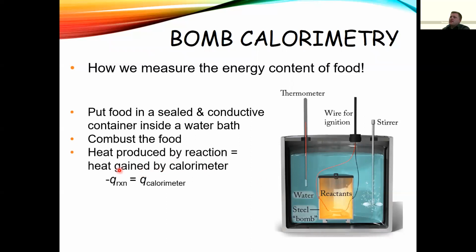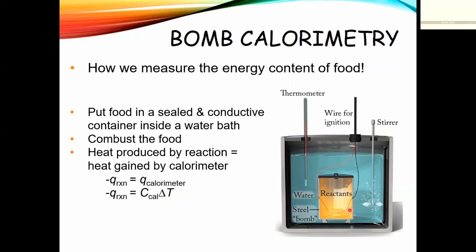Then we set the heat given off by the reaction equal to the heat absorbed by our calorimeter. And then we substitute the heat of the calorimeter with the heat capacity of the calorimeter times the change in temperature. Now this heat capacity is not just the heat capacity of some amount of water.